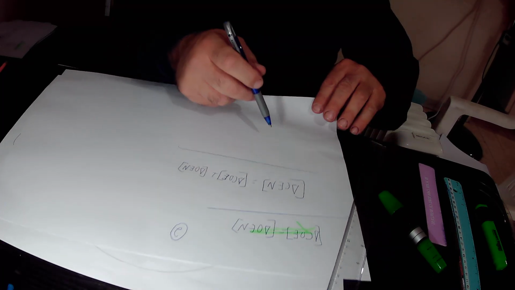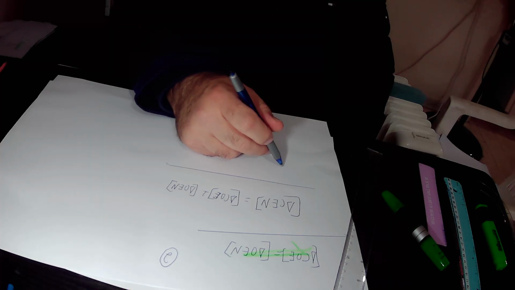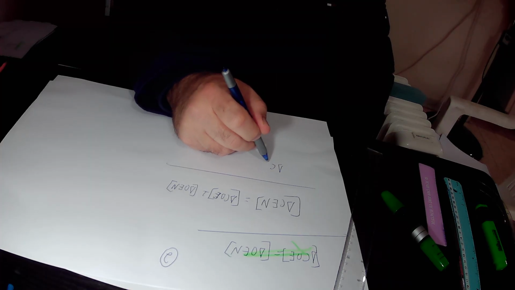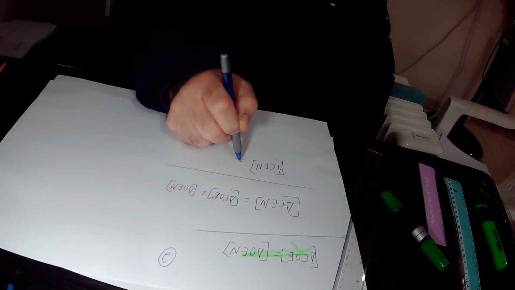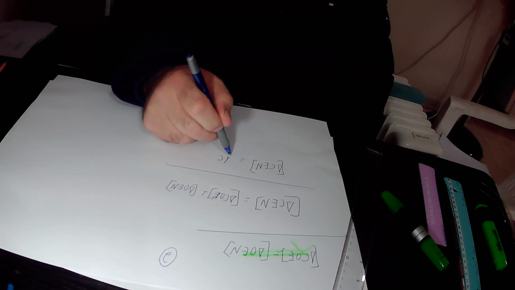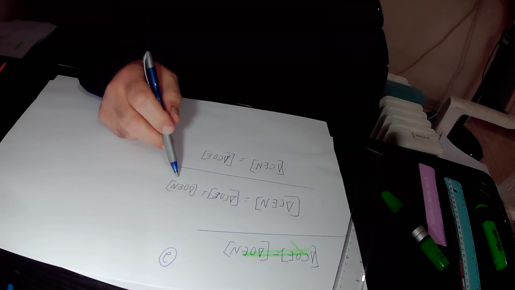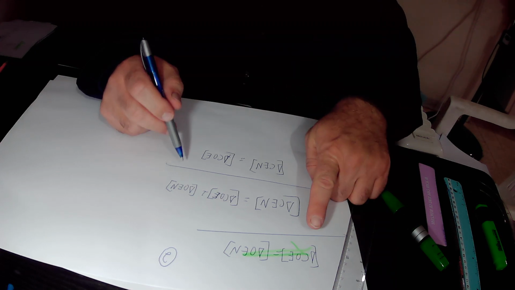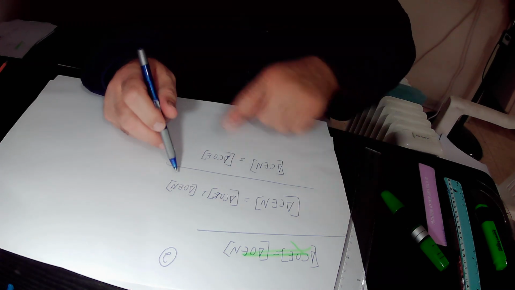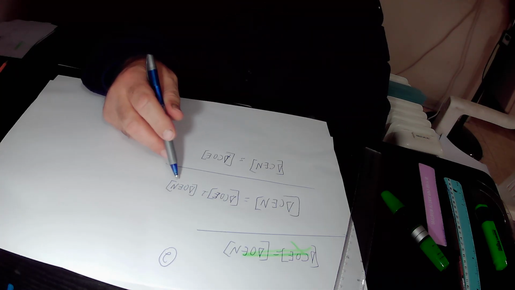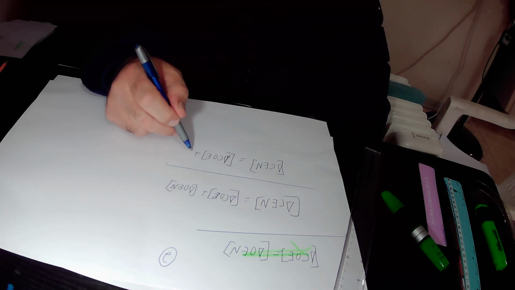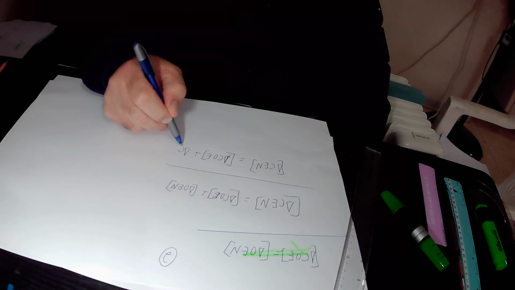So the area of the big triangle CN equals the area of the green triangle COE plus the area of the green triangle COE.